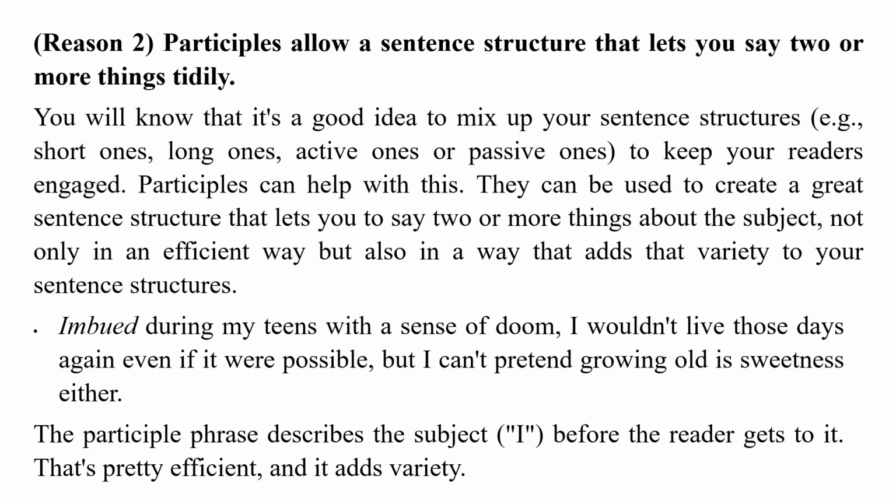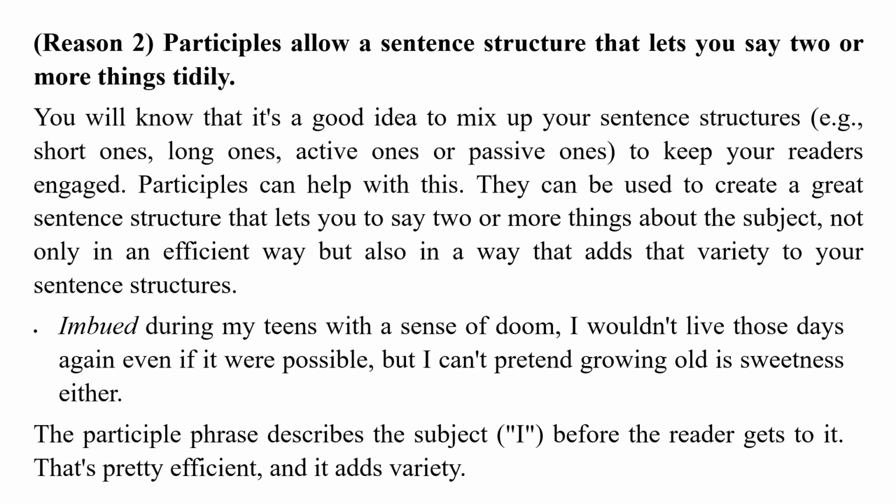For example, imbued during my teens with a sense of doom, I wouldn't live those days again even if it were possible. But I can't pretend growing old is sweetness either. The participle phrase describes the subject I before the reader gets to it.